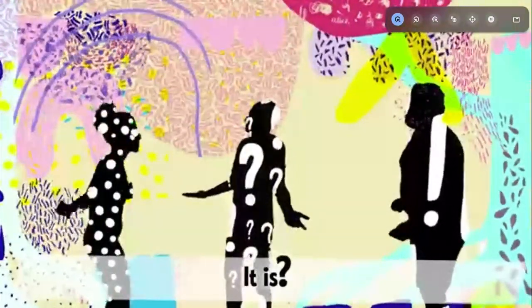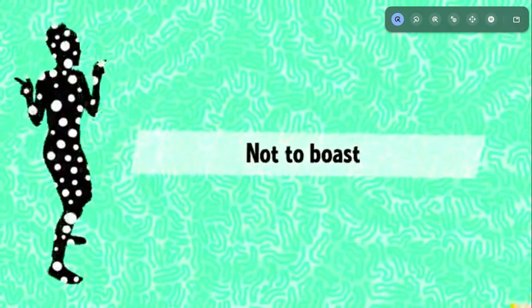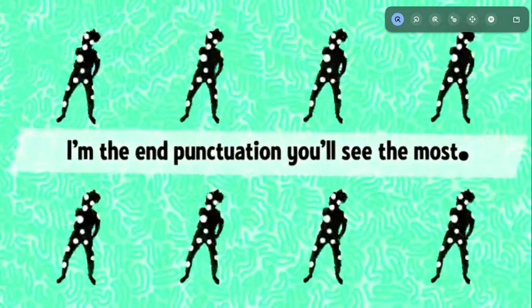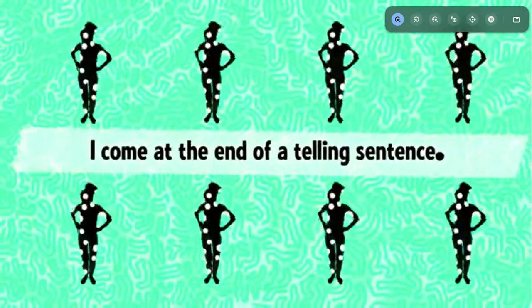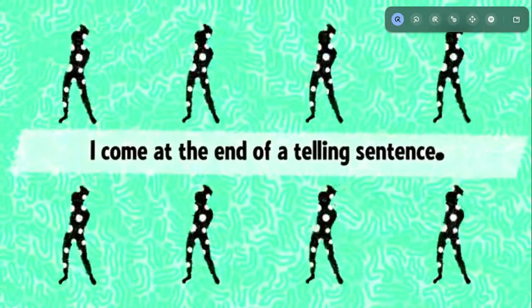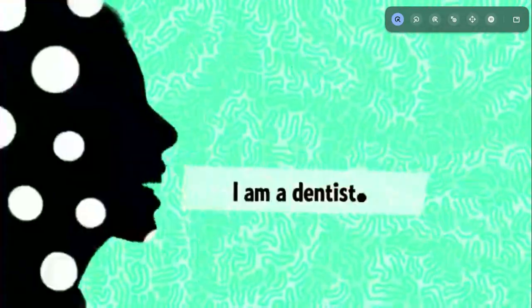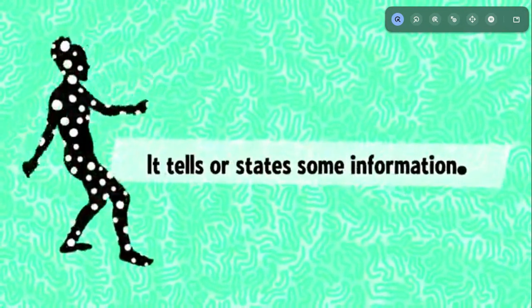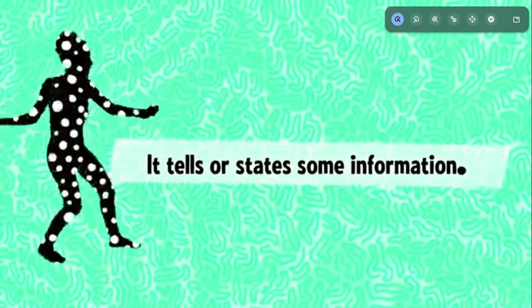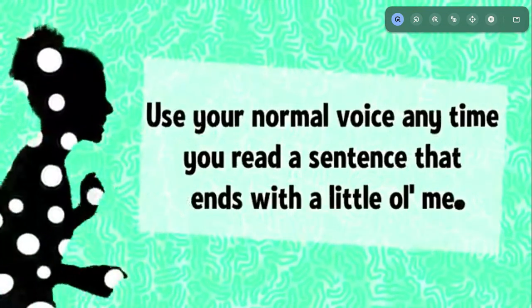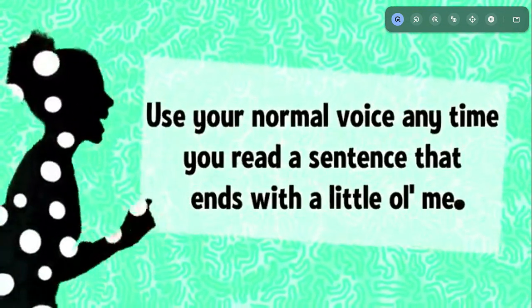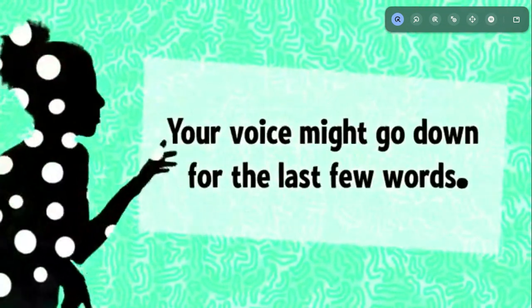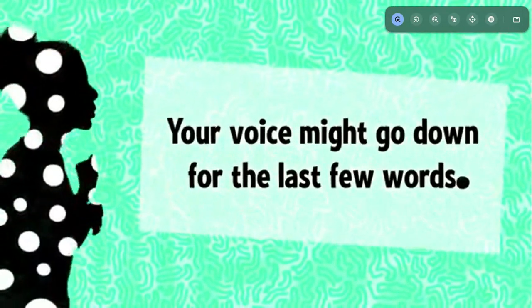Hi, I'm a period, not to boast, but I'm the end punctuation you'll see the most. I come at the end of a telling sentence. Those give information, like I am a dentist. A sentence with the period is a statement. It tells or states some information. Use your normal voice anytime you read a sentence that ends with a little old me. Your voice might go down for the last few words.